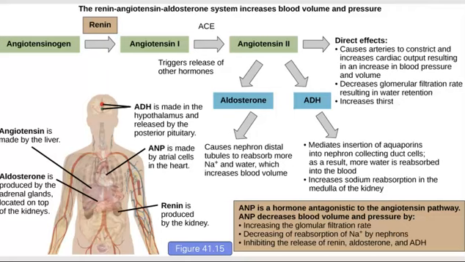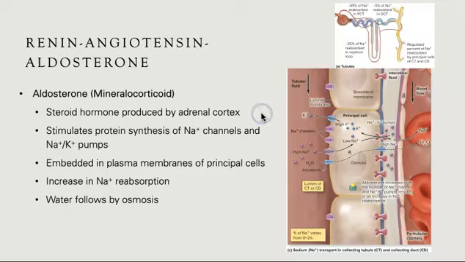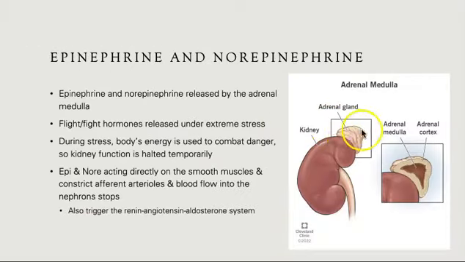Now, indirectly, angiotensin will trigger the release of a mineralocorticoid, which is aldosterone, from our adrenal cortex. Remember that our adrenal cortex is a part of the adrenal gland, but is in the periphery. So the medulla releases epinephrine and norepinephrine.